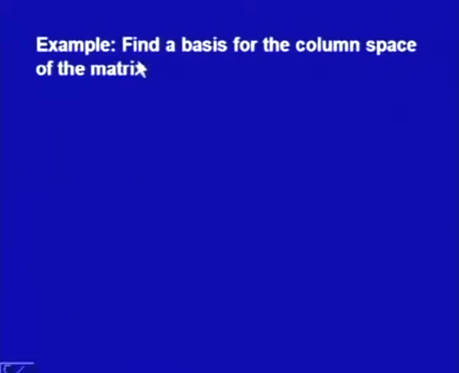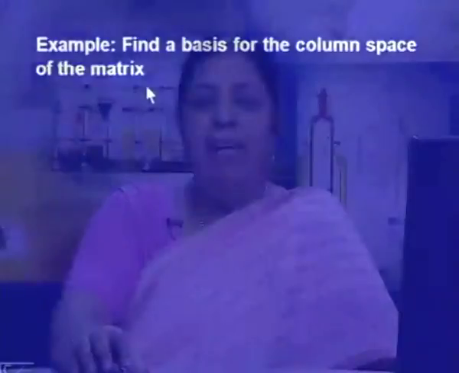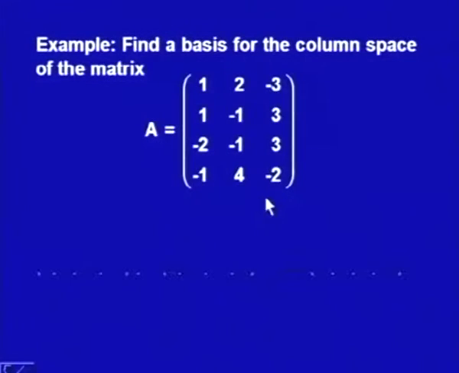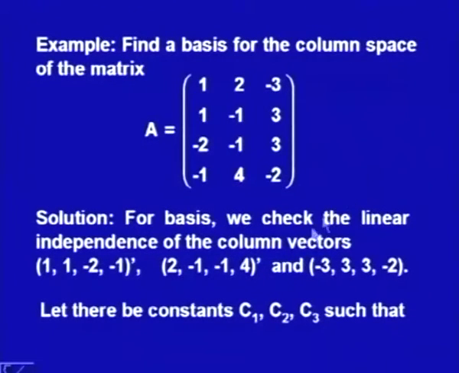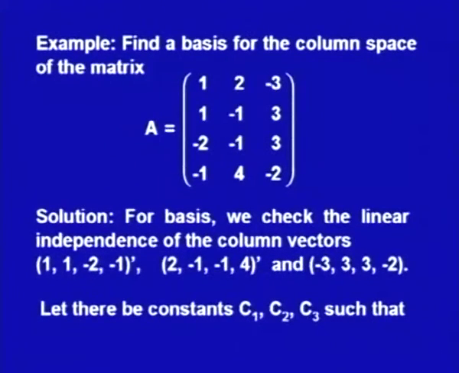Now, in this example, we try to find a basis for the column space of the matrix. In the earlier example, we obtained a basis for the row space. Now, we try to find the basis for the column space of the given matrix A. Given this matrix A, the column vectors are 1, 1, minus 2, 1; 2, minus 1, minus 1, 4; and minus 3, 3, 3, minus 2. Let C1, C2, C3 be arbitrary constants.